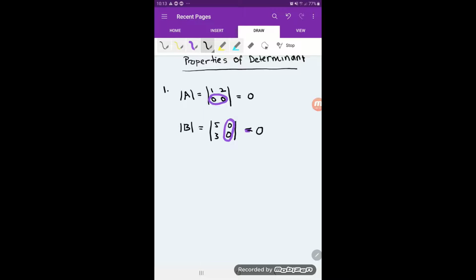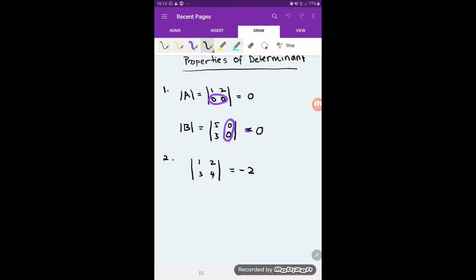The second property. If two rows or two columns of a determinant are interchanged, the value of the determinant is multiplied by -1. For example, the determinant of this matrix 1, 2, 3, 4 is equal to -2.